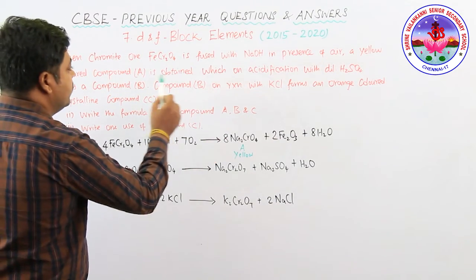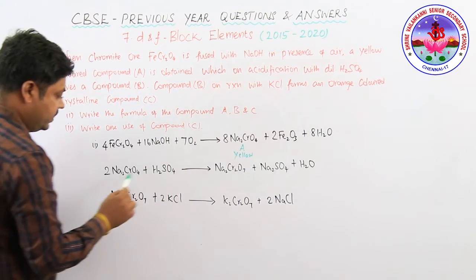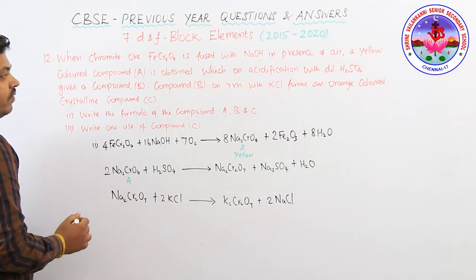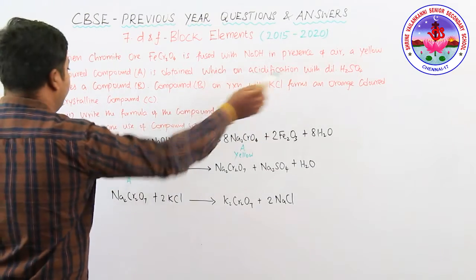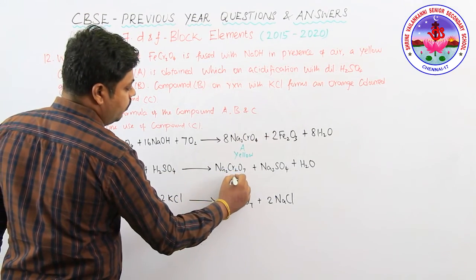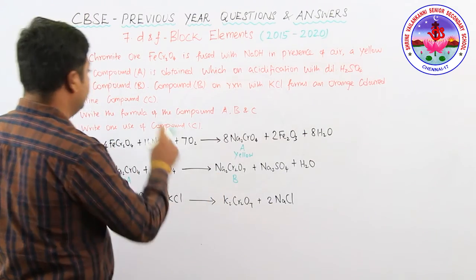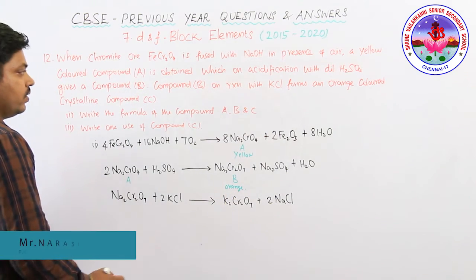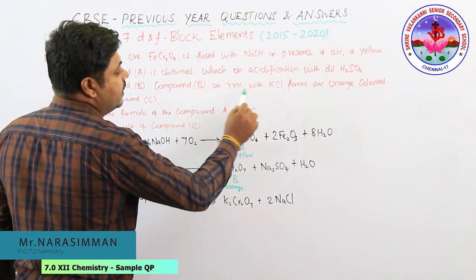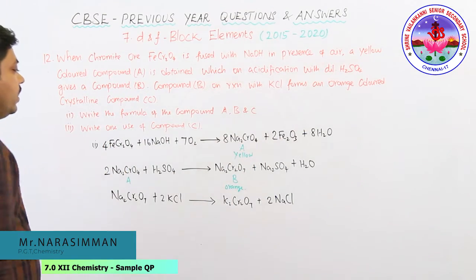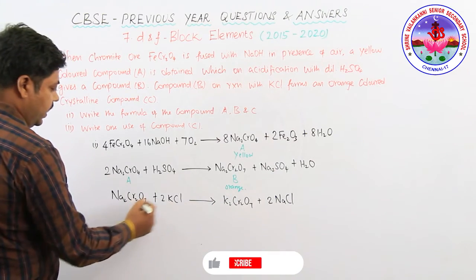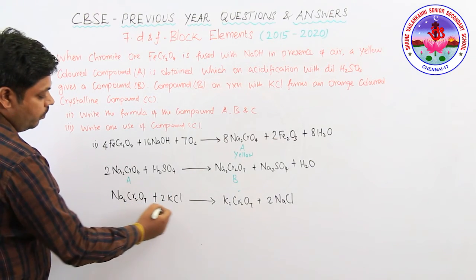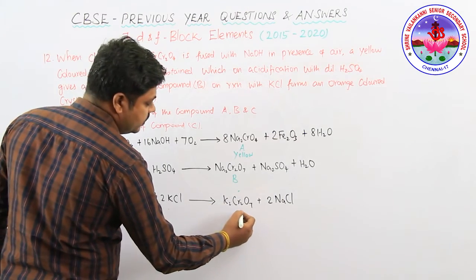The A on acidification, that is treatment with dilute sulfuric acid, gives compound B. This is sodium dichromate, which is orange in color. Then the sodium dichromate reacts with potassium chloride and compound C is formed.